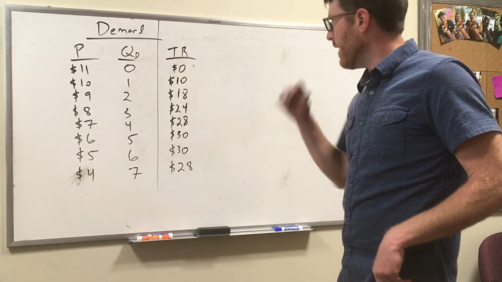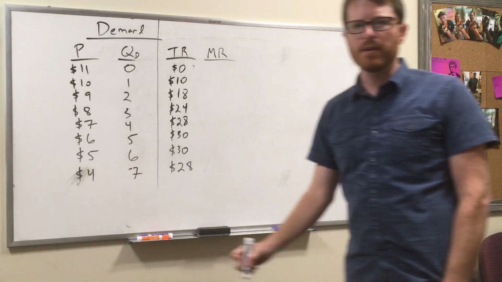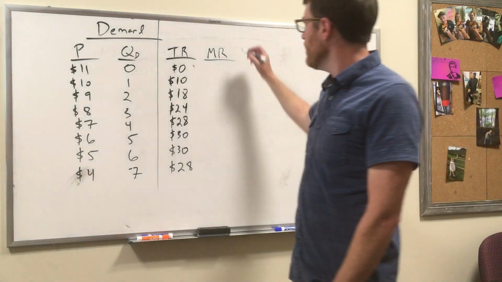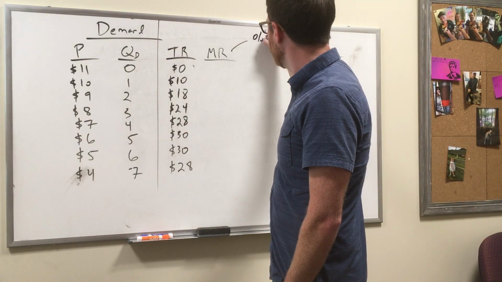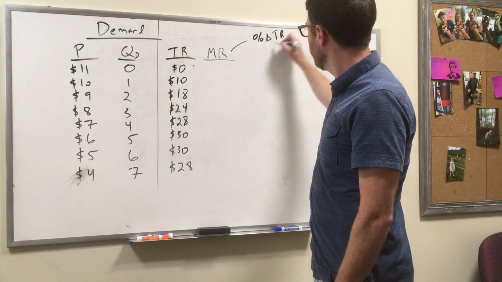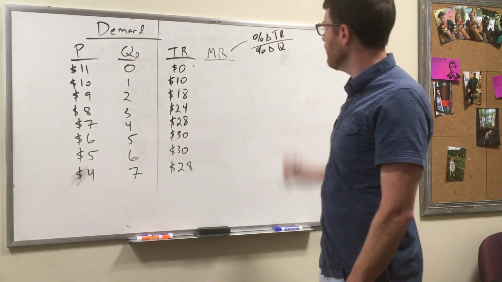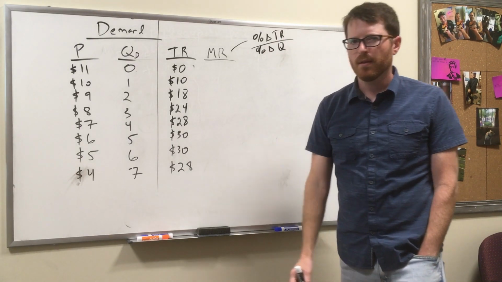So now we're going to add another component to our table, marginal revenue. So marginal revenue is the percentage change in total revenue divided by the percentage change in the quantity. Okay?